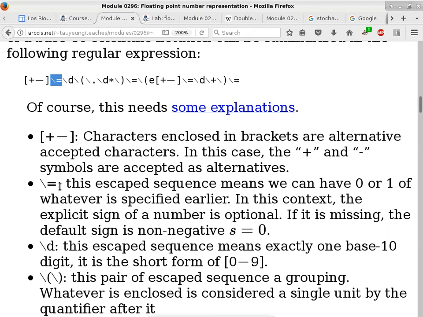So you have an optional sign that is the first thing of a scientific notation. Are we doing okay so far? What is after that is a backslash D. A backslash D, which is this part here, indicates that this is a digit in base 10. In other words, it is a character from 0 to 9.